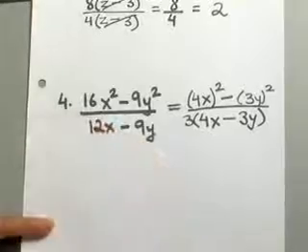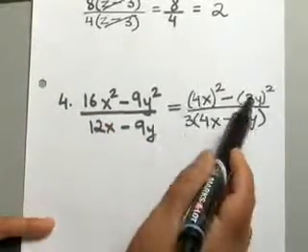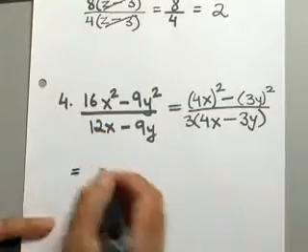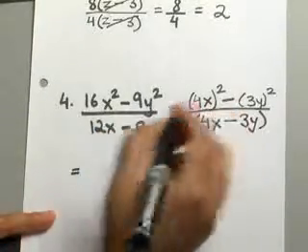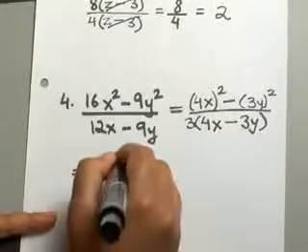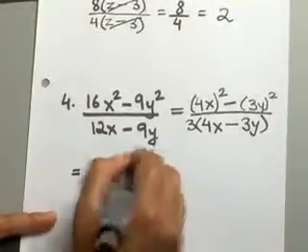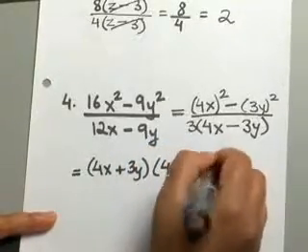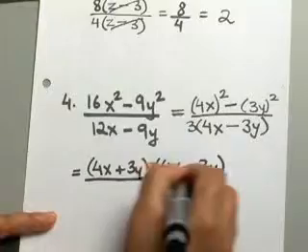Now, all we did so far is rewrite our numerator. We haven't factored it. So now, in the next step, we will go ahead and factor this out, and this will be a difference of squares. So remember, 4x plus 3y, 4x minus 3y for your numerator.